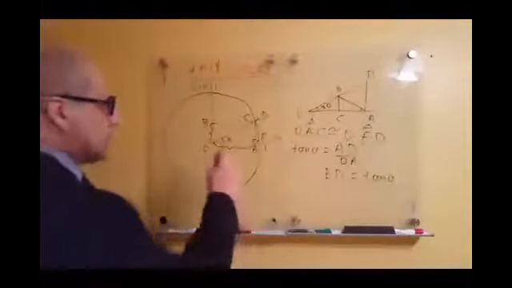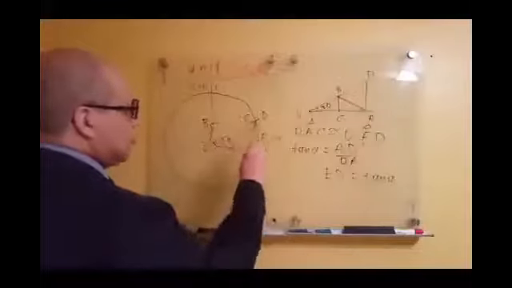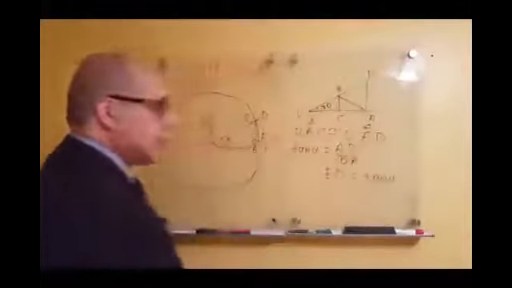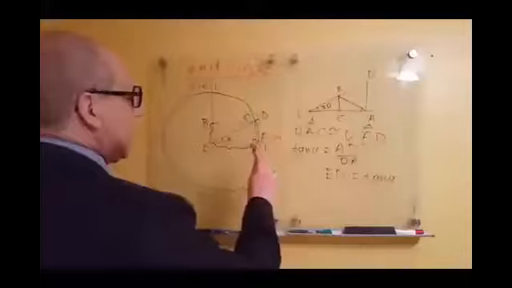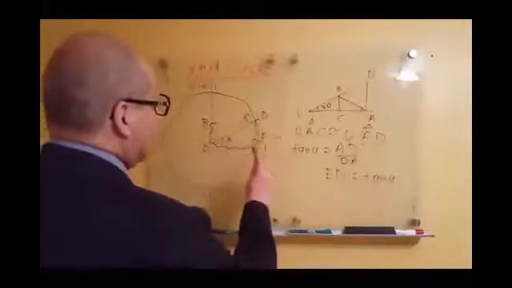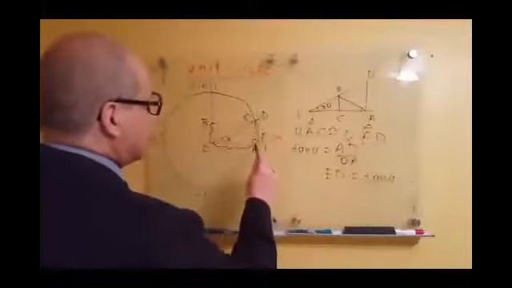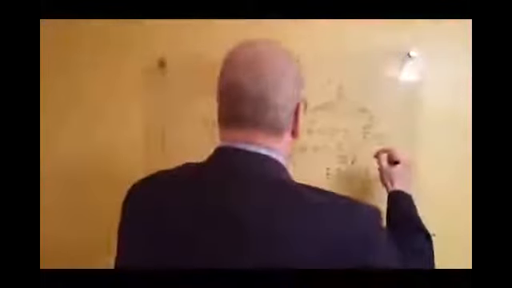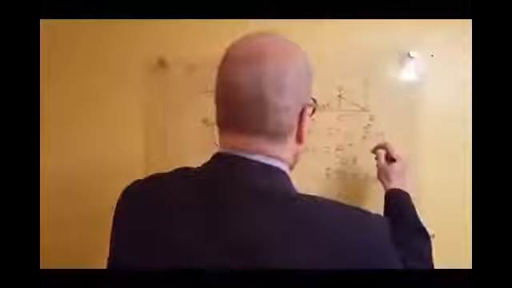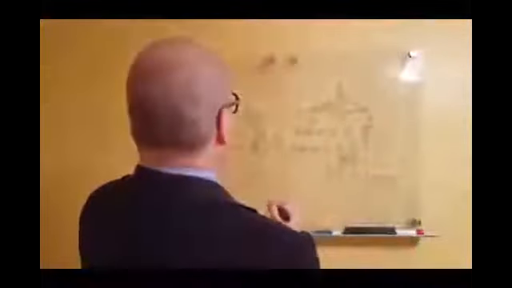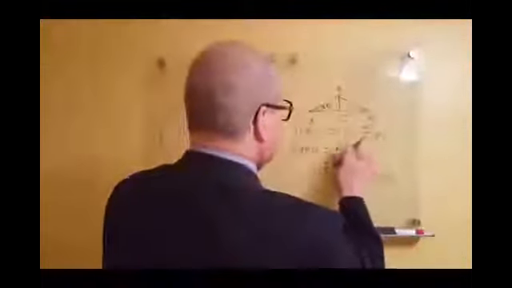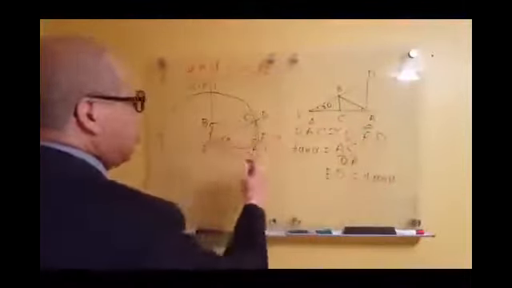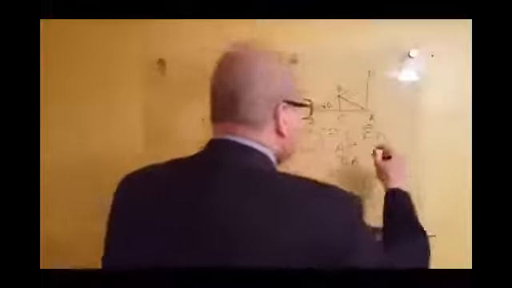And now, since we said that these two triangles are similar, the AC over OA can be written as ED.